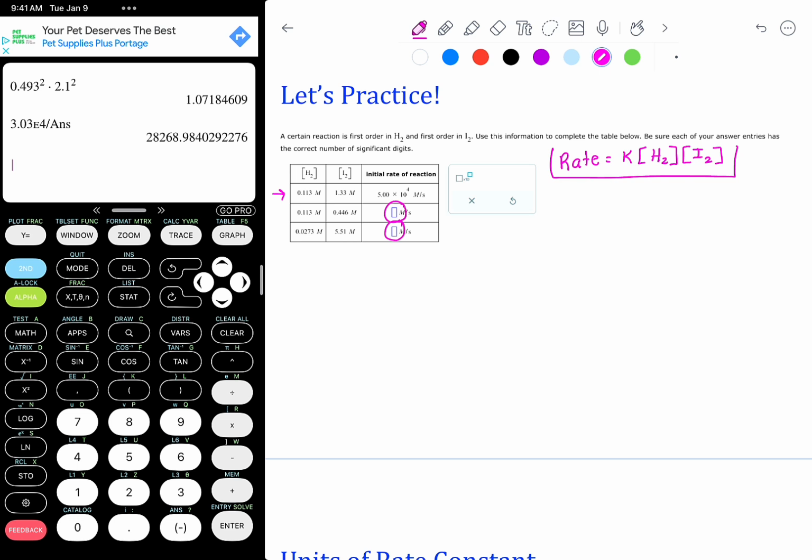So what we can do first is use experiment 1 to calculate K, and then use K to calculate rate in experiment 2 and 3. So we know our rate law, we know what we have to do, so pause your video and start solving these two portions of this problem.